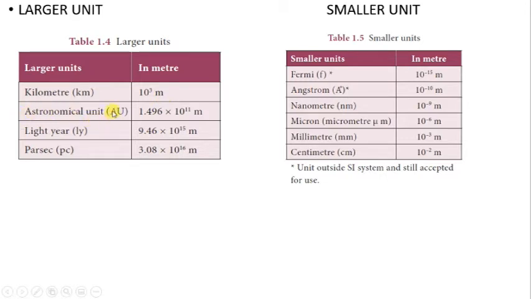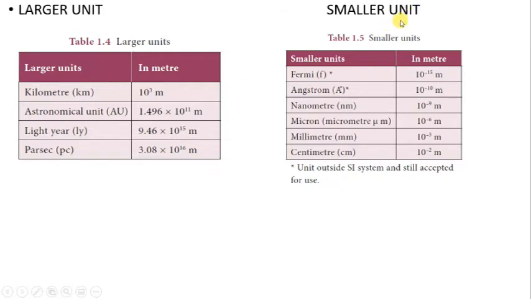Astronomical unit, capital A, capital U. Its value in meter is 1.496 into 10 to the power 11 meter. Light year, small l, small y, 9.46 into 10 to the power 15 meter. Parsec, small p, small c, 3.08 into 10 to the power 16 meter.